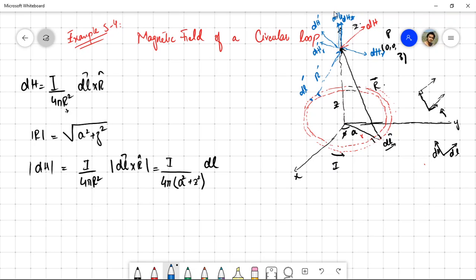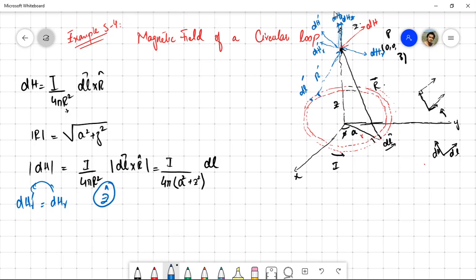So we have two components which are supporting each other, and two components which are cancelling each other. So the dHr dash and dHr will cancel each other. So the net magnetic field will have to be in z's direction. So we figured out the direction of the magnetic field.